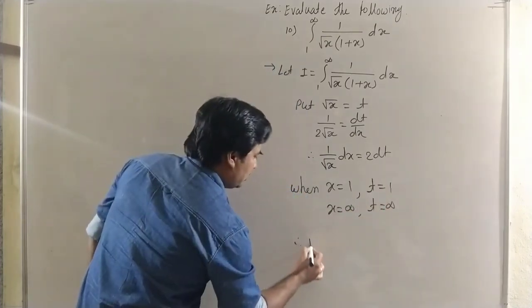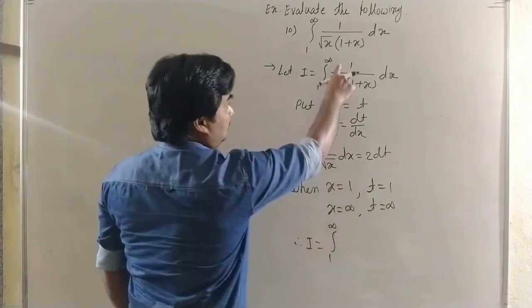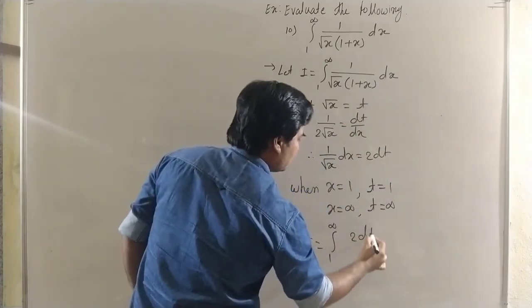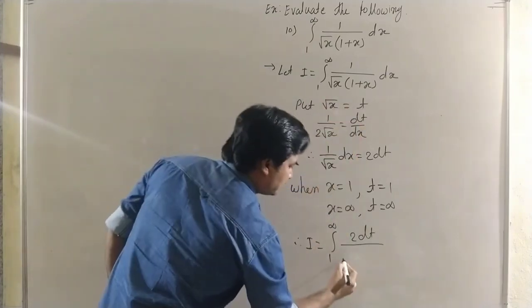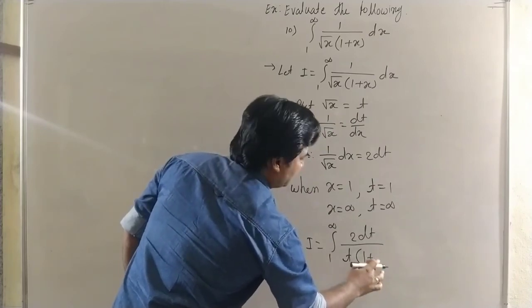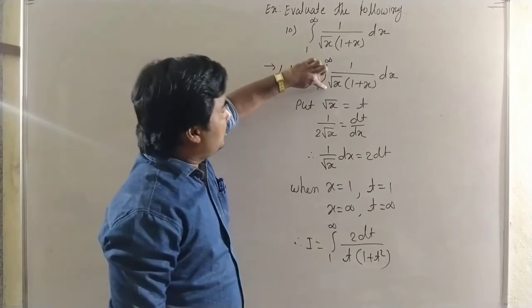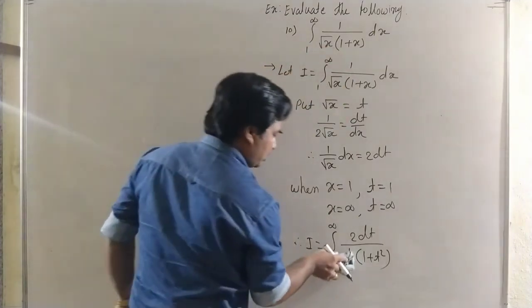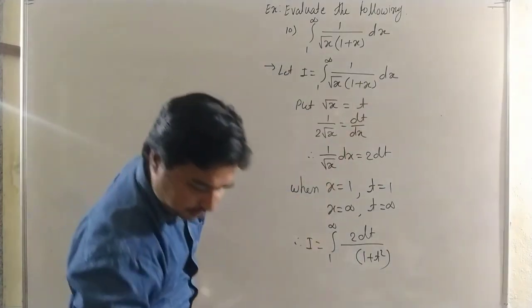Therefore our integral is from 1 to infinity, here dx over under root x becomes 2 dt, and 1 plus x becomes 1 plus t square.